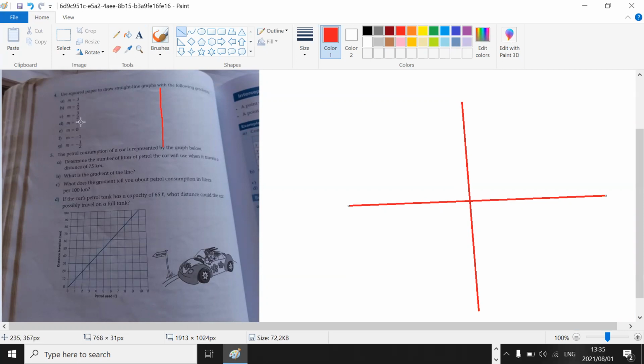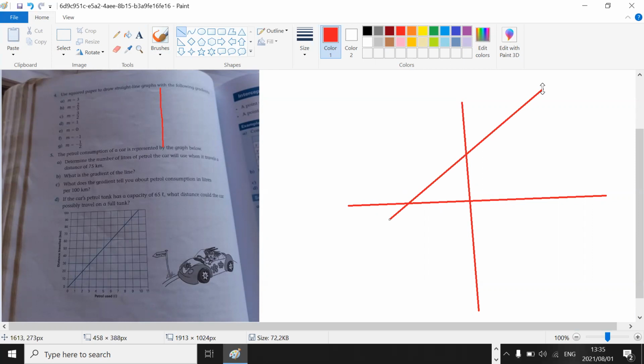So all these from A to D, all the gradients are what? Are positive. Do you see that? Yes, they are positive, all of them. So if it has a positive gradient, what they require is just to draw a straight line which goes like this. And that's all you have to do in this case.